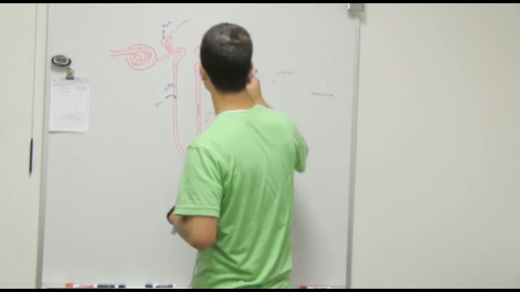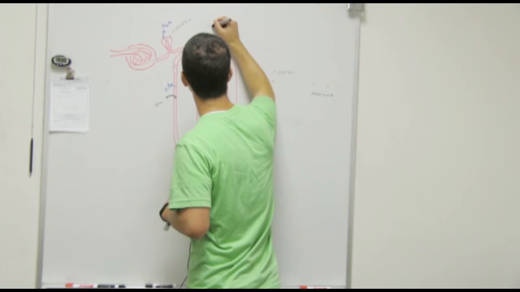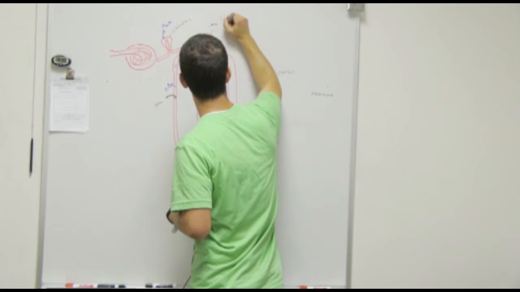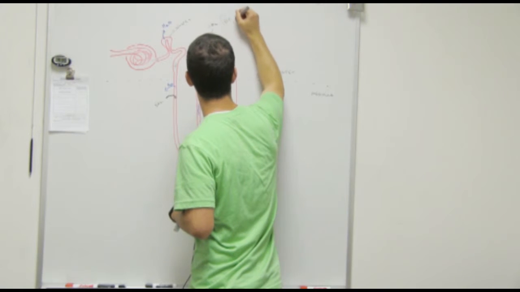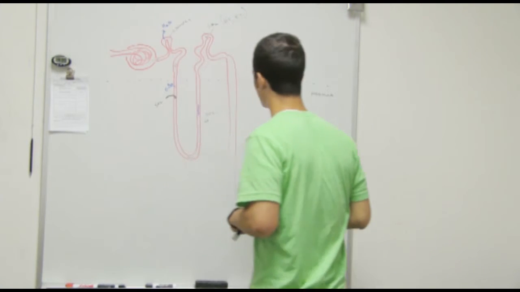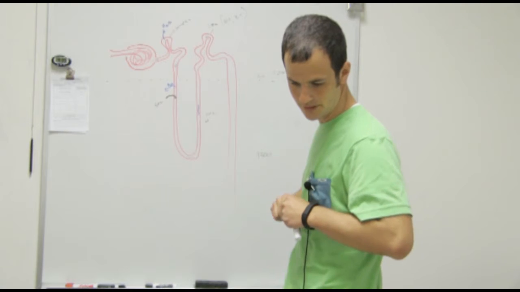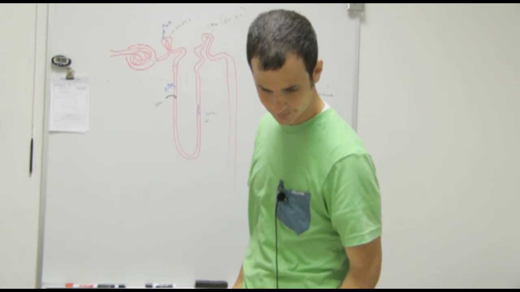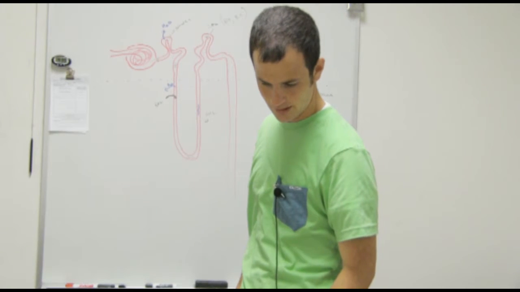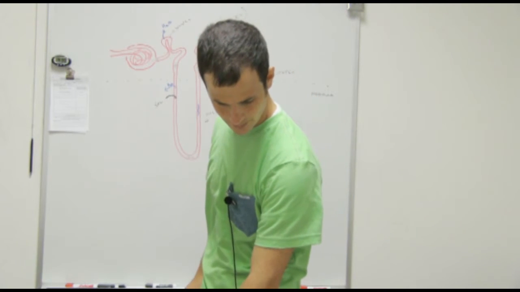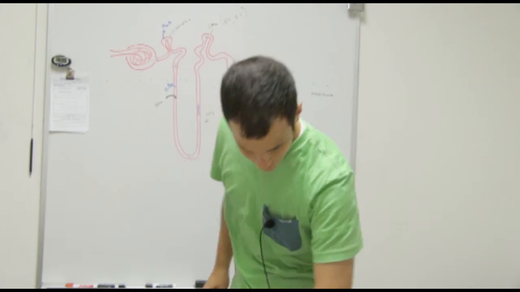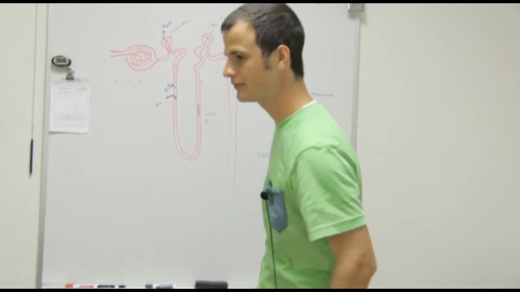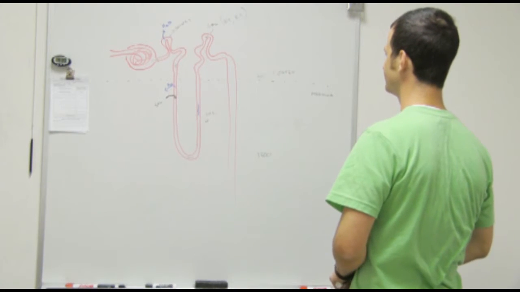So we've got solutes coming into the nephron, specifically hydrogen ion and potassium. And this is still impermeable to water. So why are the solutes coming back in at the top then?